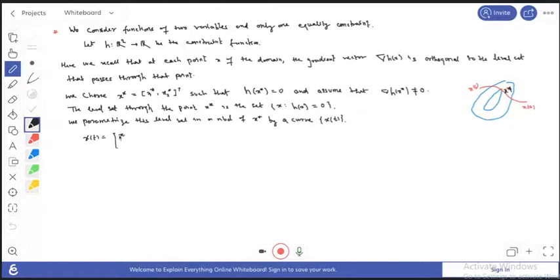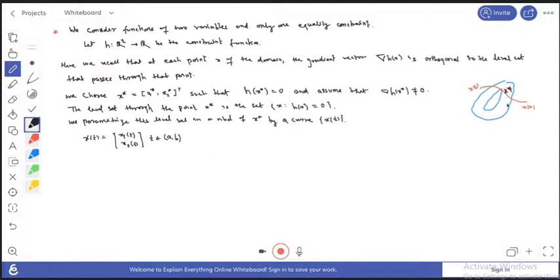This has components x1 of t and x2 of t, where t lies in some interval a to b. So we parameterize in the neighborhood of the point x star by a curve from x of a to x of b, and that curve depends on t when t lies between a and b.